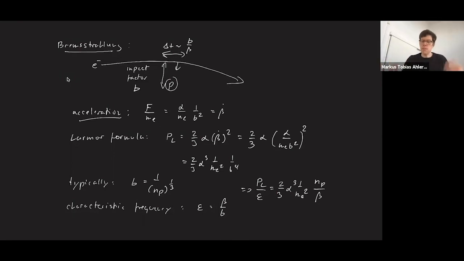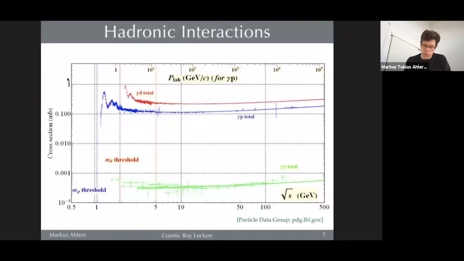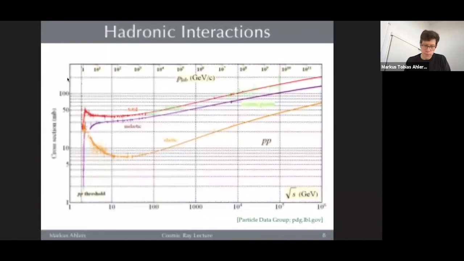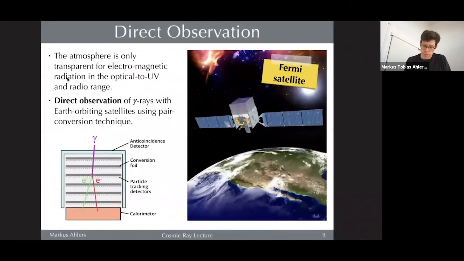And then, of course, it depends on the density of the background, if this is a dominating factor to the emission of astrophysical sources. I think I'm going to skip the hadronic interaction for tomorrow. I think I do not have any time left.